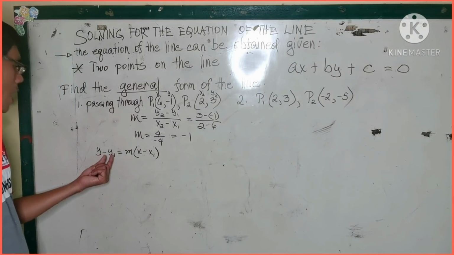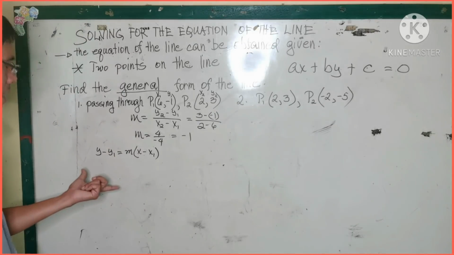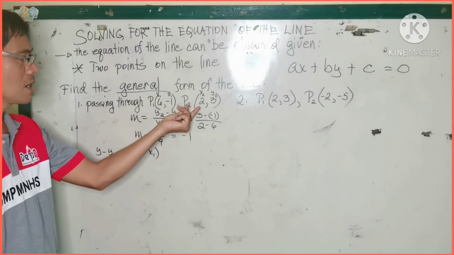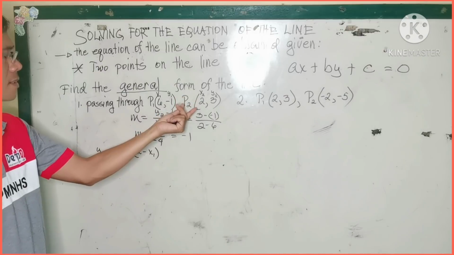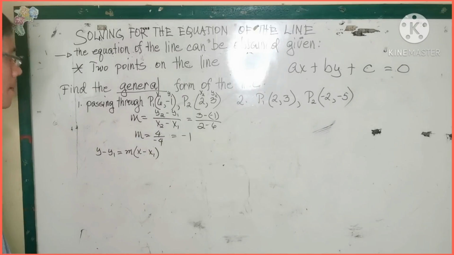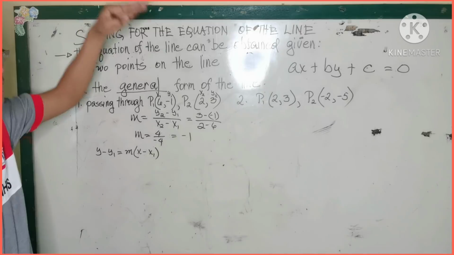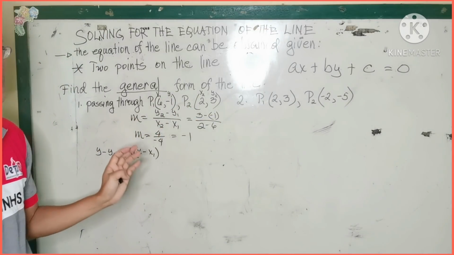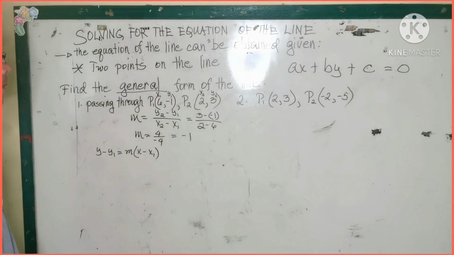So, for your x sub 1 and y sub 1, or for the point, you can make use of any of these. So, pwedeng point 2, or yes, the second point, or the first point, which is 6, negative 1. So, tignan nyo na yung mas madali. Yung mas mababa yung values ng mga coordinates, tapos walang negative. So, syempre, mas madali.